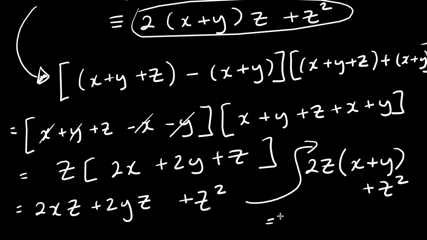But multiplication is commutative, so this does equal 2 times x plus y, z, plus z squared. Us saying multiplication is commutative is saying that it doesn't matter what order you're multiplying. So me multiplying by 2z first, or me multiplying by 2, then the bracket, and then z, it's the same thing. So we were able to prove that, and we're just using a difference between two squares to evaluate this.